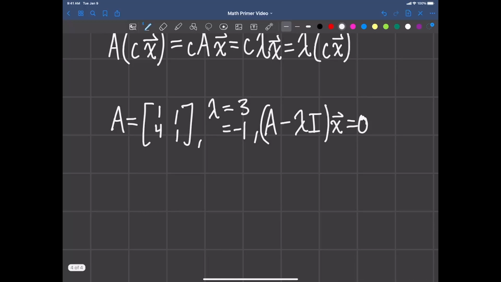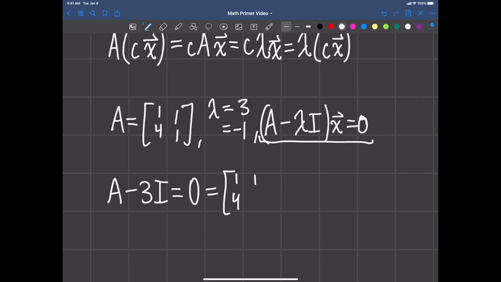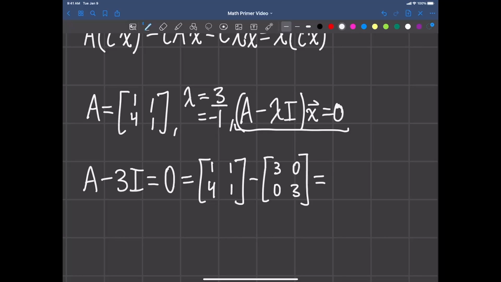So if we plug in the eigenvalues into this characteristic equation, we get A minus 3I equals 0, which equals 1, 4, 1, 1 minus 3, 0, 0, 3, which is just the eigenvalue 3 multiplied by the identity matrix I. And what we get is negative 2, 1, 4, negative 2.